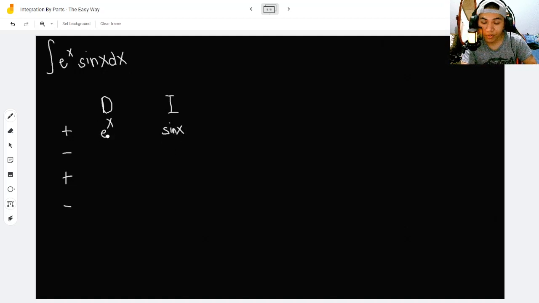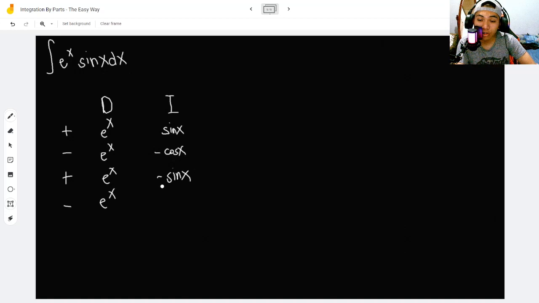The derivative of e to the x is always e to the x. The integral of sine x is negative cosine x. The integral of negative cosine x is negative sine x. And the integral of negative sine x is positive cosine x.